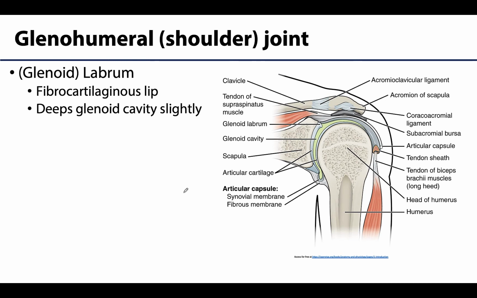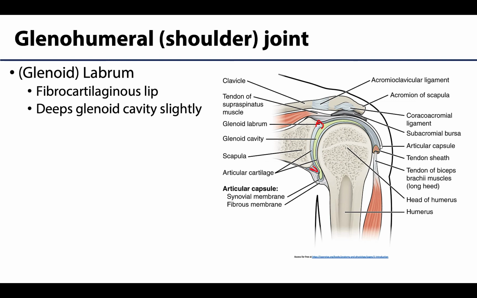Okay, now let's talk about a few of the structures that are associated with increasing the stability of the shoulder joint. You are going to have this fibrocartilaginous lip, so kind of going over and extending a little bit wider on this portion of the glenoid cavity. You'll even have one that's going to extend this way.